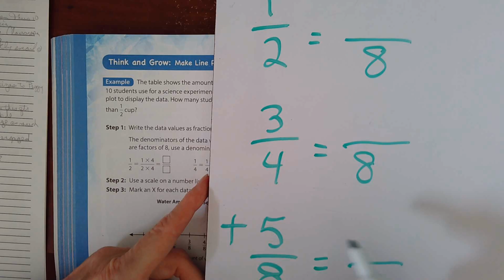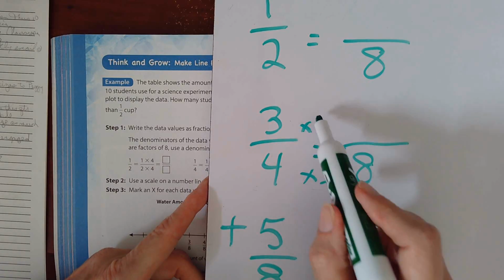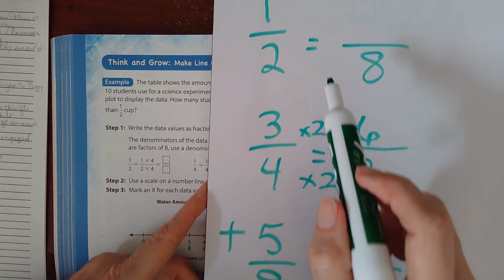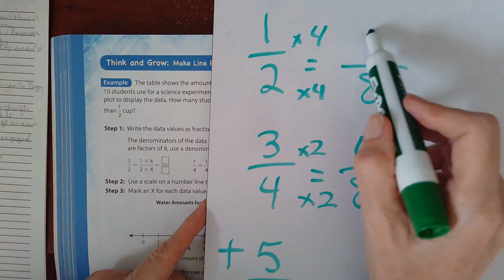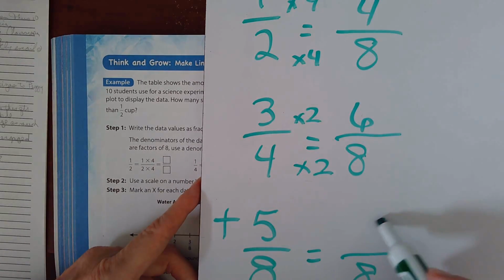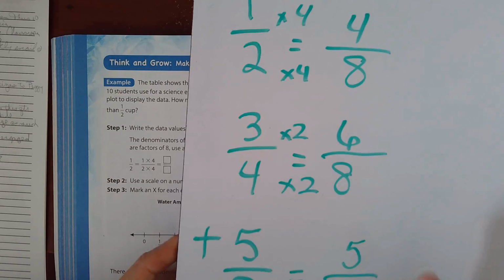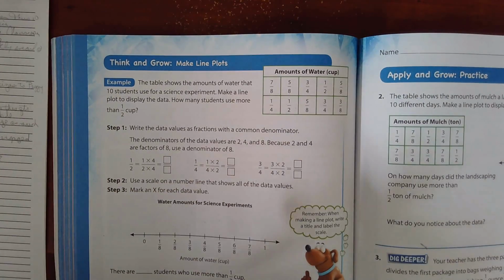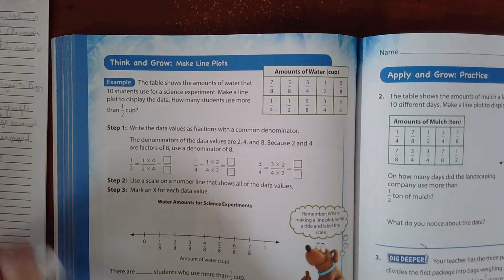So remember how to do that. You have to multiply 4 by 2 to get 8. Therefore, you have to multiply 3 by 2. You have to multiply 2 times 4 to get 8. Therefore, you have to do the same thing to that numerator. And this one stayed because it was already an 8. So that was just a little review. We're doing the same thing here. We're turning everything into eighths so we can compare them evenly.